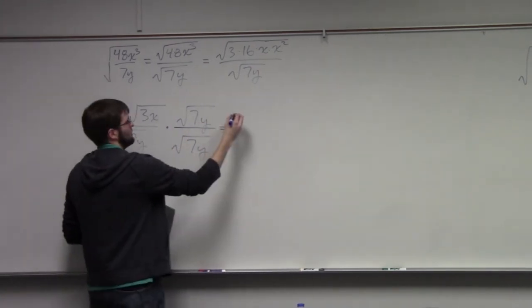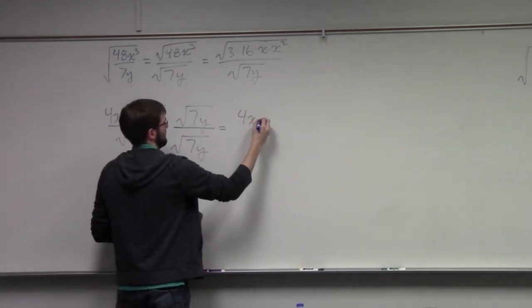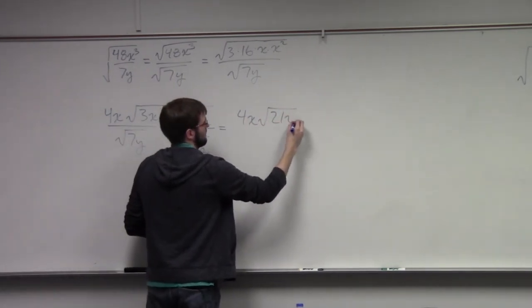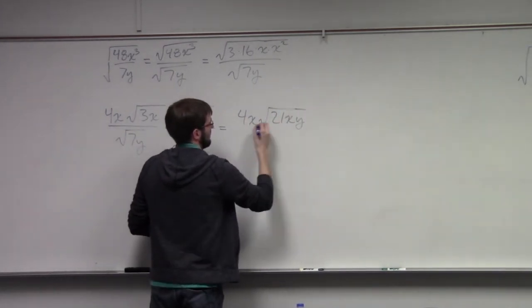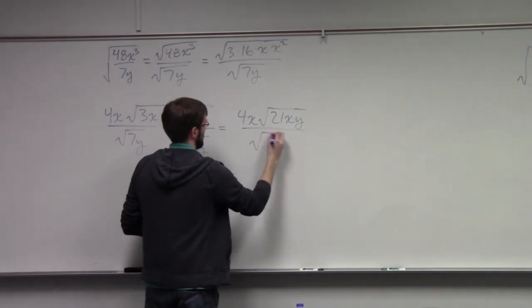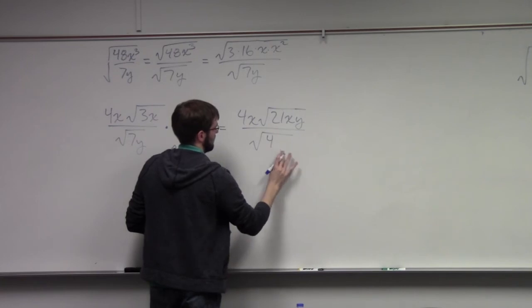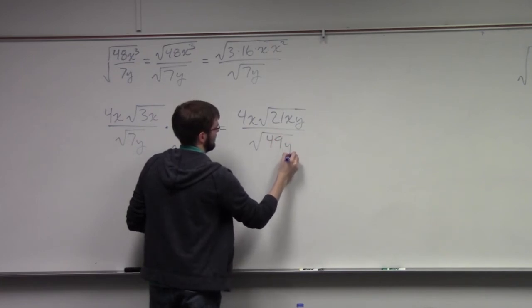So I still have just this 4x out here. That gives 3 times 7, so 21xy, over the square root of 49y squared.